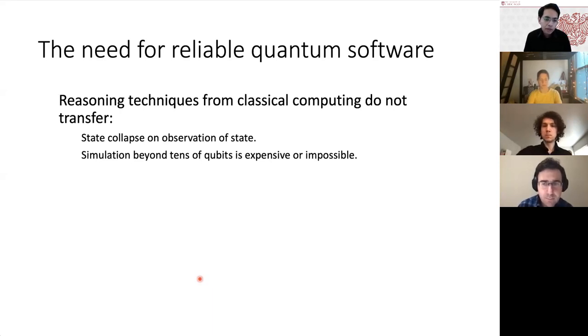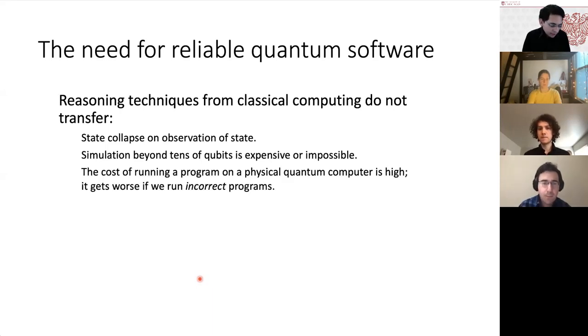So we run into issues of running out of memory when we try to simulate quantum machines on a classical computer. Another reason is that currently, even if you are at Google or at IBM and have these machines, the cost is still pretty high to run your software.